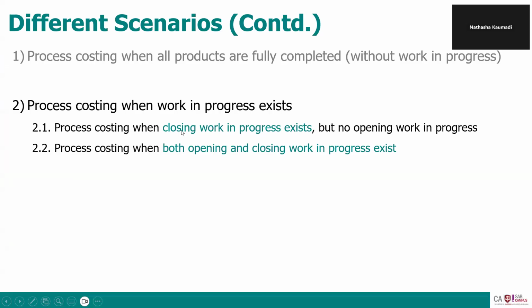Process costing when closing work in progress exists, but no opening work in progress. First, we deal with how to do process costing when we have closing WIP. Second scenario is the hardest part, I would say, process costing when both opening and closing work in progress exist. How to do that? Okay, when we have both. That is the most complex situation.